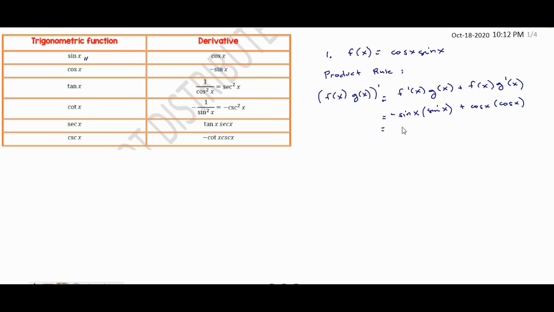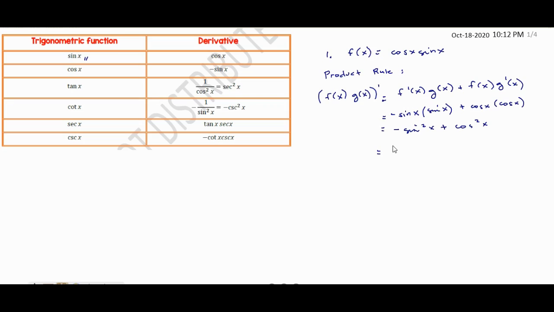Okay, so negative sine x times positive sine x is negative sine squared x. While for this other one, we have cosine x times cosine x is equal to cosine squared x.